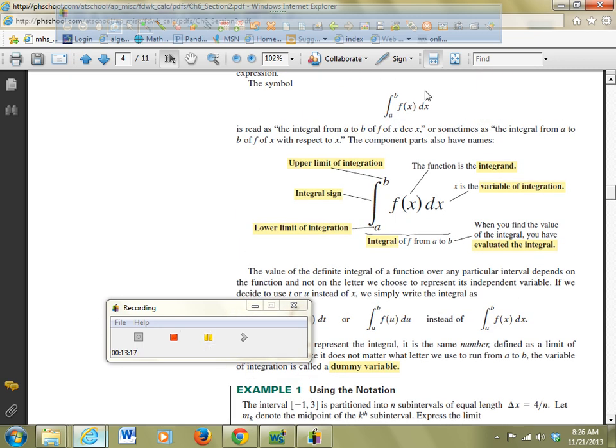Integrand. They call this the variable of integration. x is the variable of integration. This piece here is called the differential. Okay? Integral of f from a to b. Lower limit, upper limit. Sometimes they call this the bound, and this is called an integral sign.